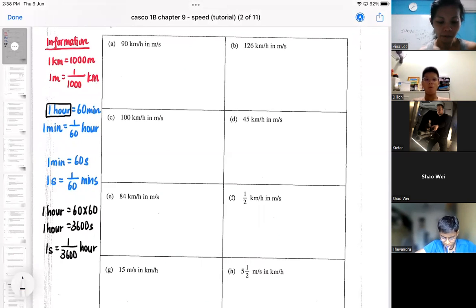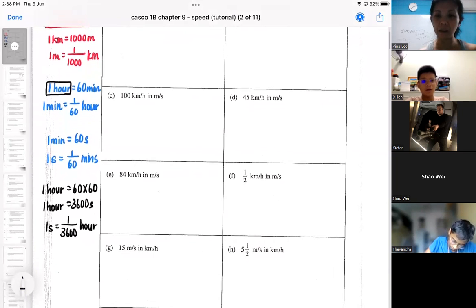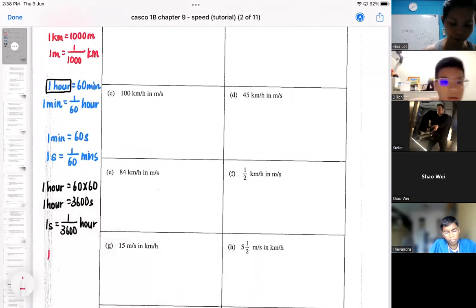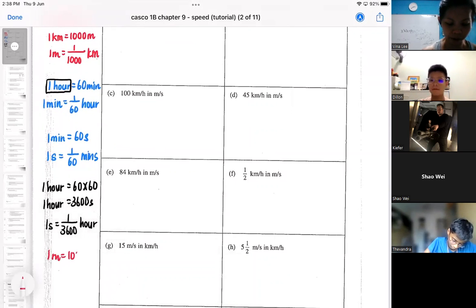So these are the timing conversions. We also have 1 meter. Do you remember in primary school, your teacher also taught you 1 meter is 100 centimeters? So you must think the reverse way one more time. The reverse way will be 1 centimeter is 1 over 100 meter.